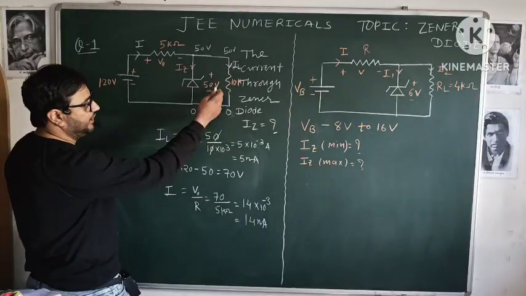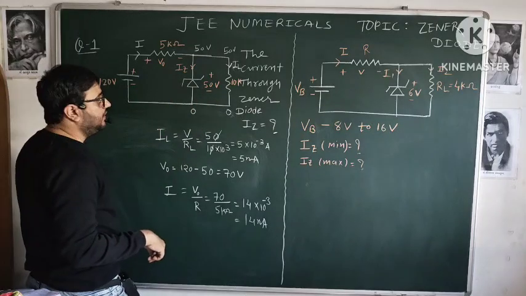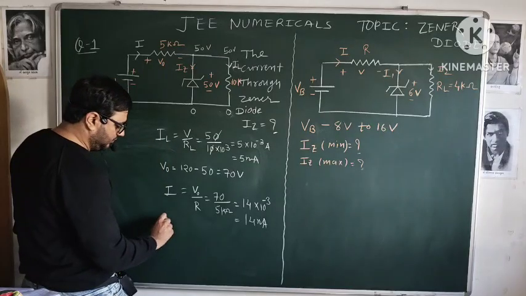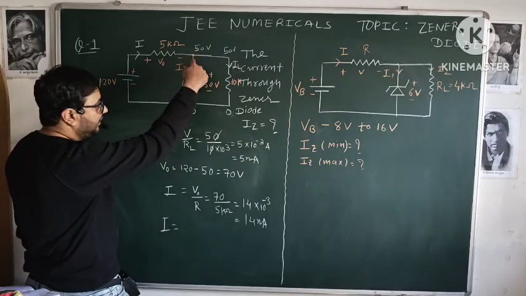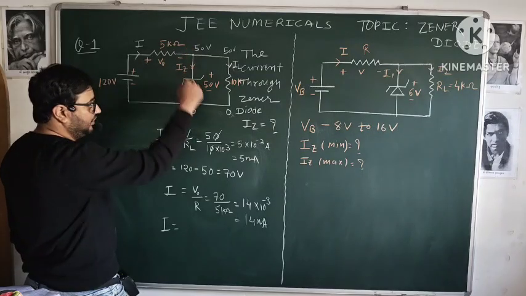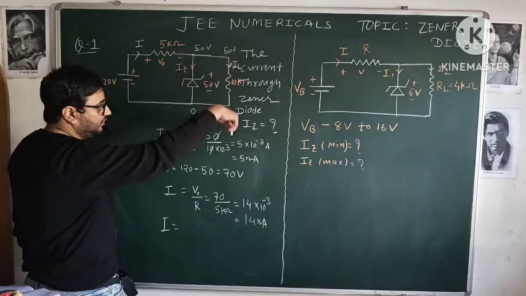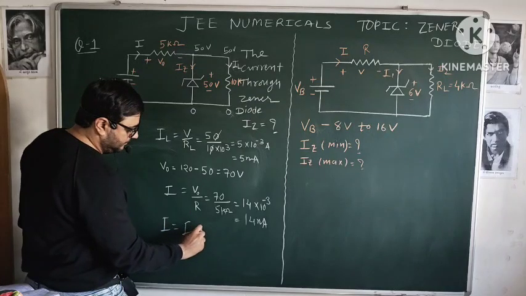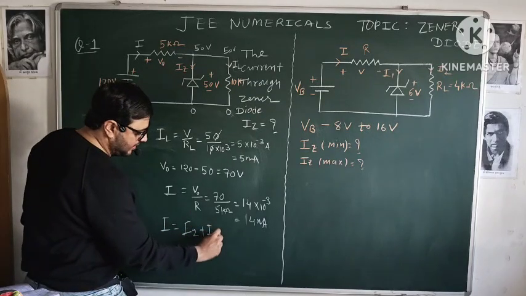Now we need to find the current through the Zener Diode. The total current I divides at this junction. One current passes through the Zener Diode and one through the load resistance. So I is equal to IZ plus IL.